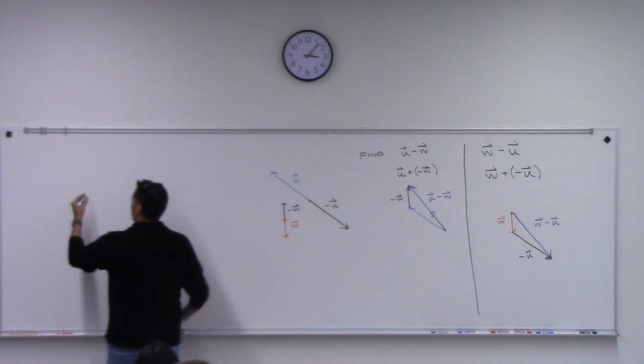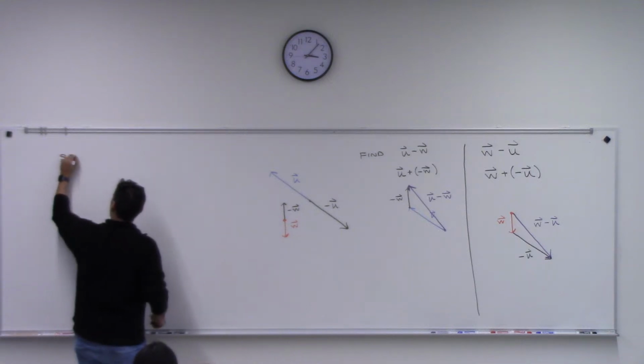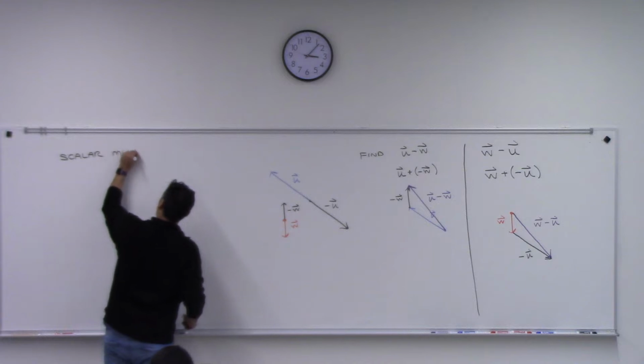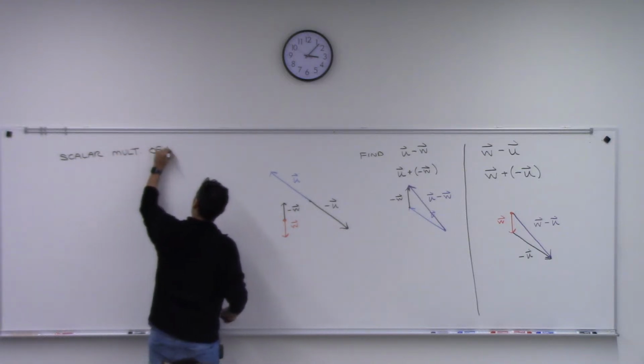So, first type of multiplication, scalar multiplication. Scalar multiplication of vectors.